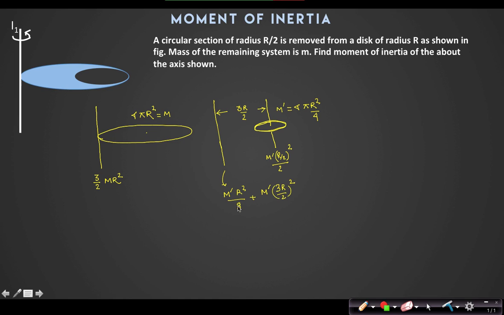So 9 by 4 plus 1 by 8, that means 19 by 8 m prime r square. Now m prime is equal to m by 4, so it is 19 by 32 mr square.